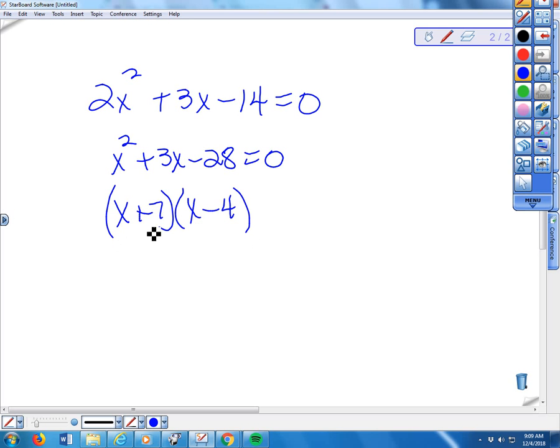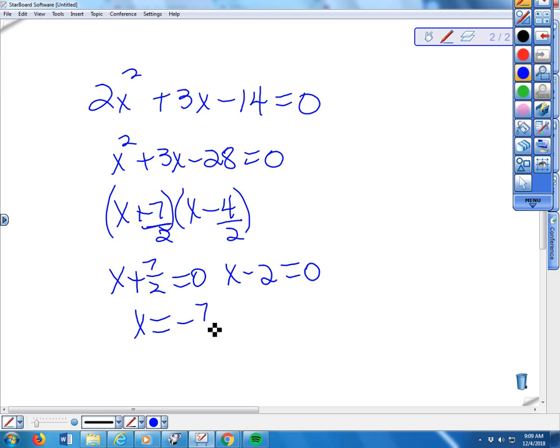And then, don't forget, divide by what you multiplied. So x is equal to negative 7 halves or 2. Letter B.